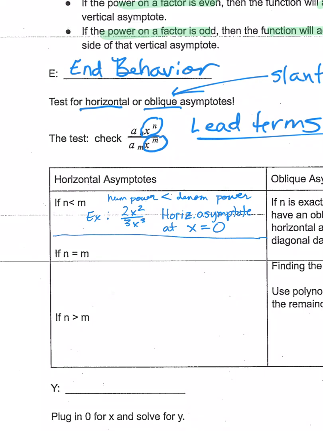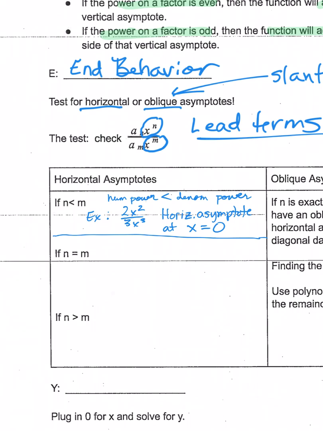If the bottom power is bigger than the top power, that means the bottom is growing faster than the top is, isn't it? So as we get bigger and bigger numbers, this one having more power than that one means that the bottom gets bigger and bigger faster than the top does.